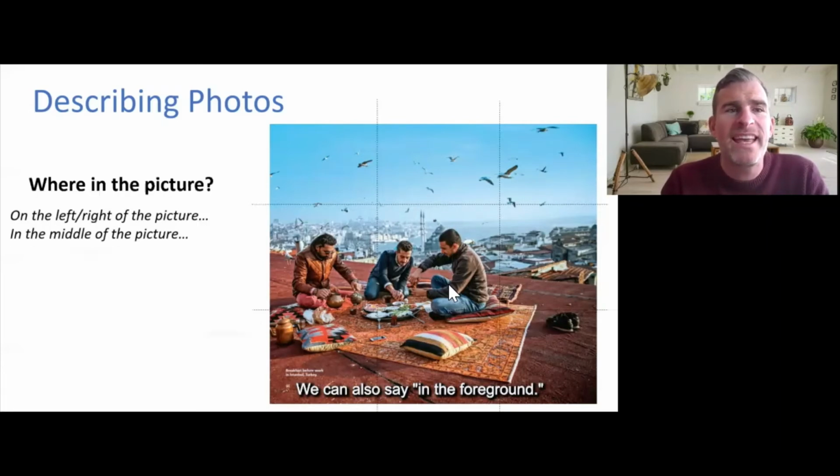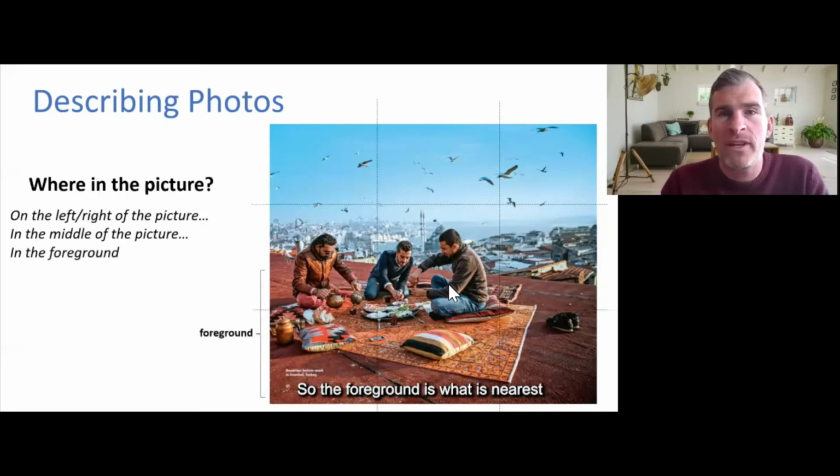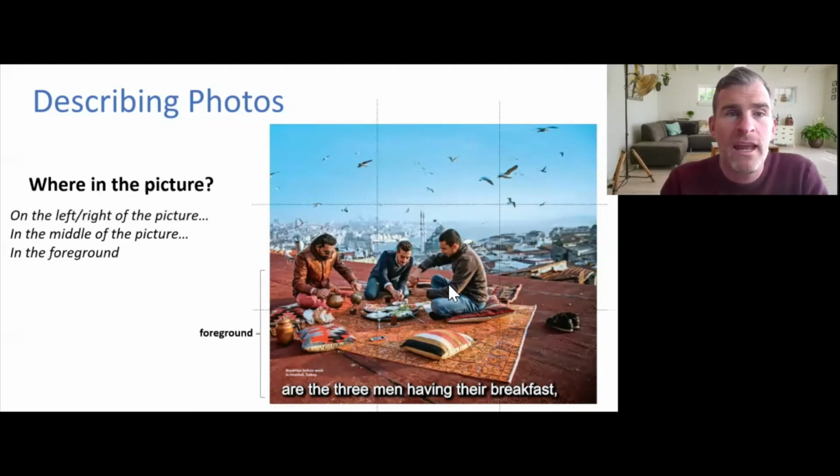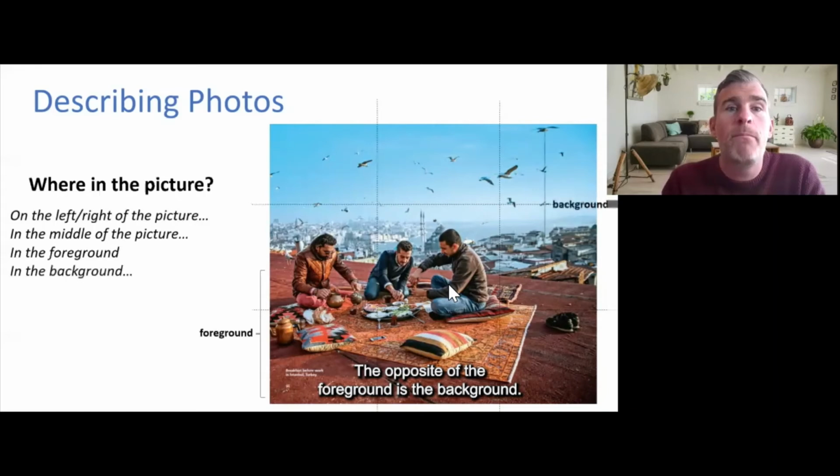We can also say in the foreground. So the foreground is what is nearest to the person who has taken the photo. So we're looking at here, in the foreground are the 3 men having their breakfast, having their picnic. The opposite of the foreground is the background.